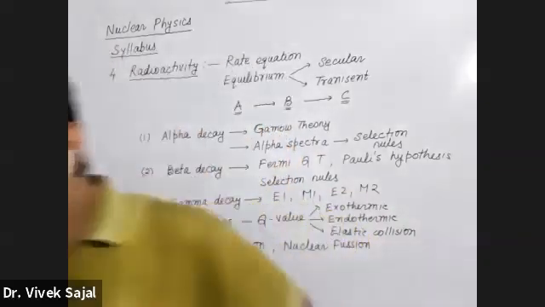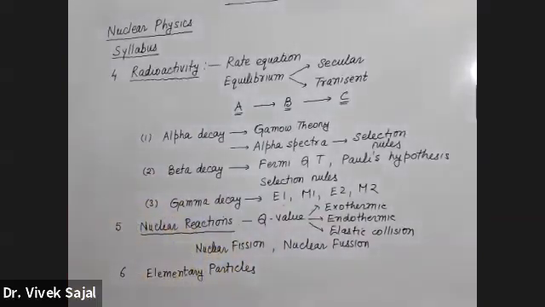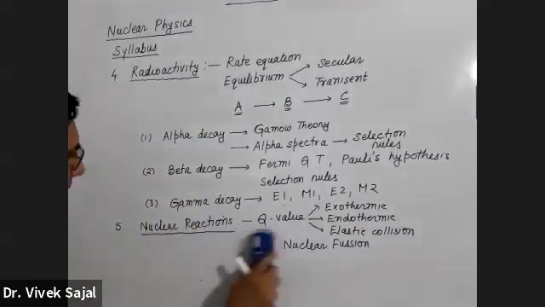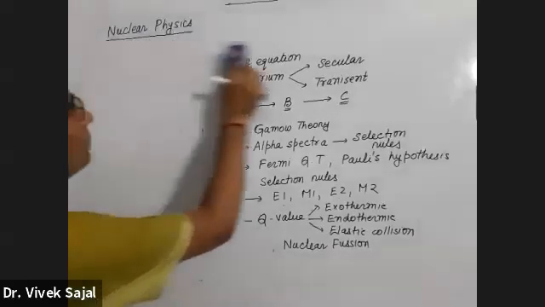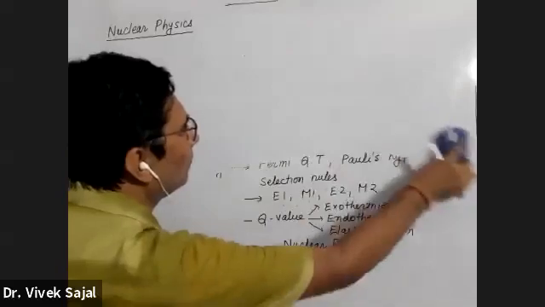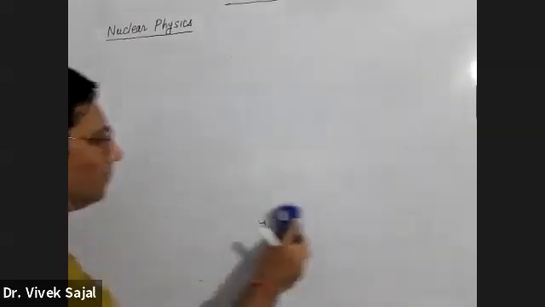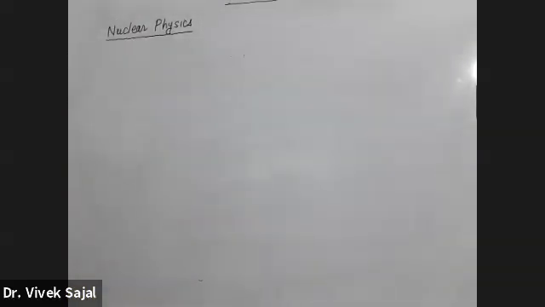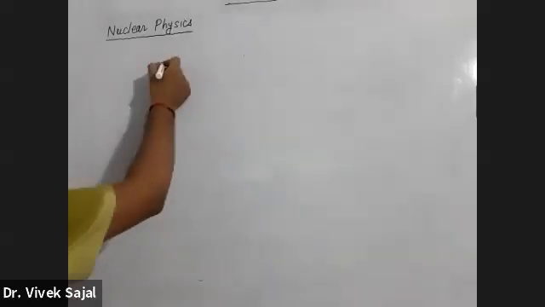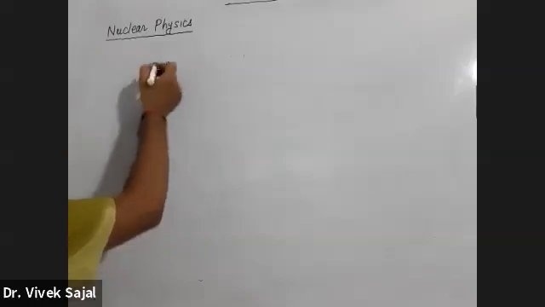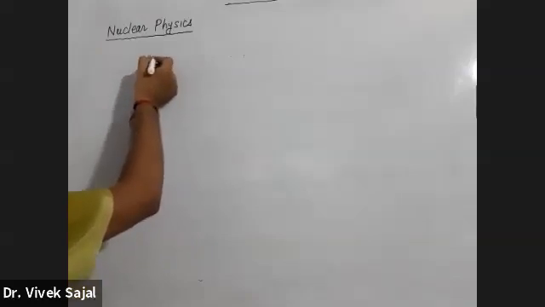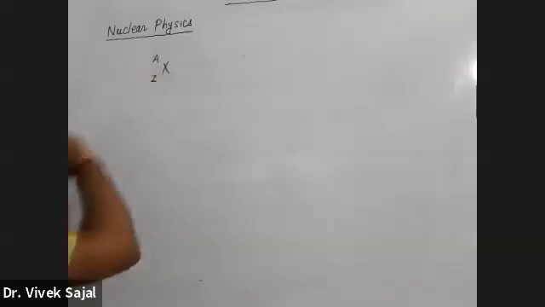So how can we represent a nuclei? Suppose that the nuclei is X. Here this will be Z, the charge number or atomic number, and here this will be A, the mass number.